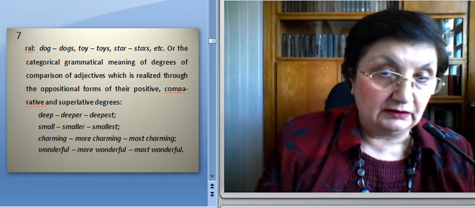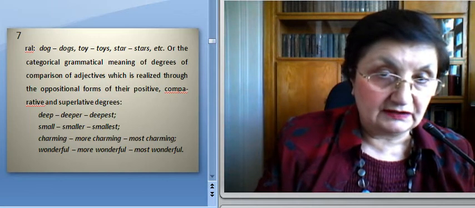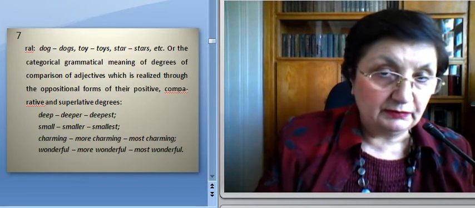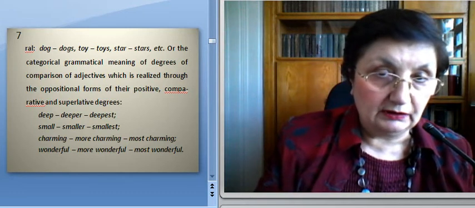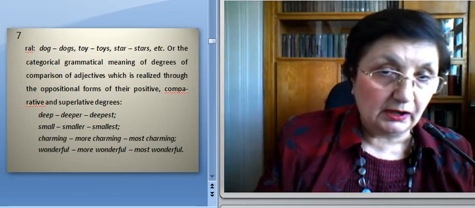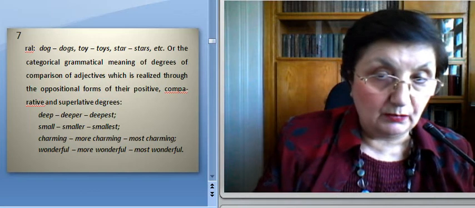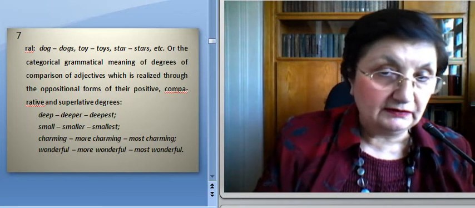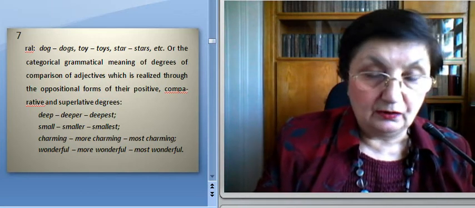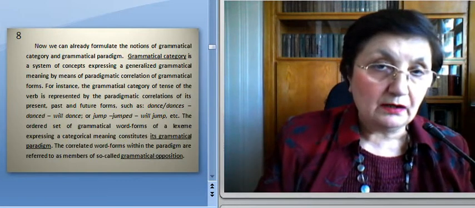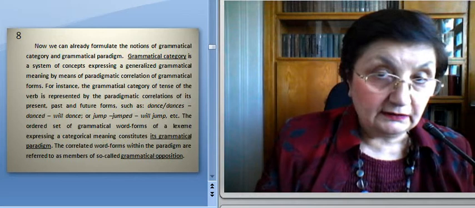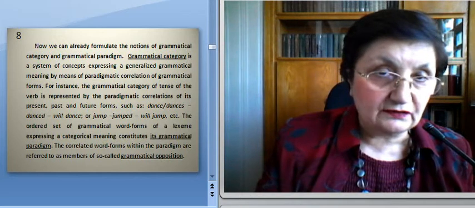For instance, deep, deeper, deepest, small, smaller, smallest, charming, more charming, most charming, wonderful, more wonderful, most wonderful, and many others. Now, we can already formulate the notions of grammatical category and grammatical paradigm.